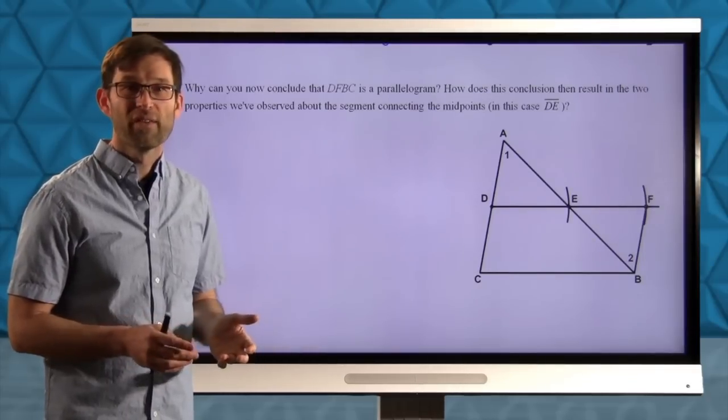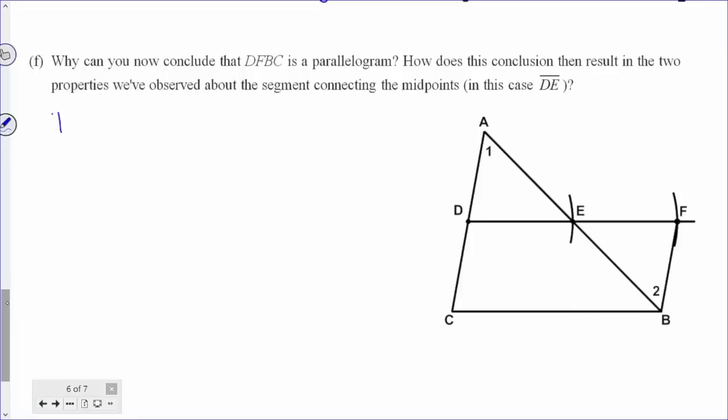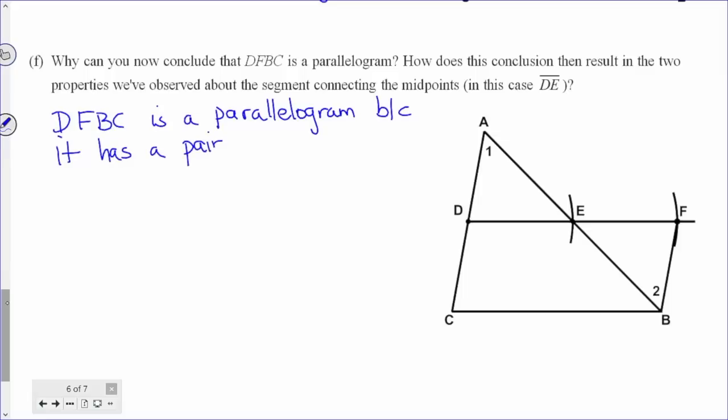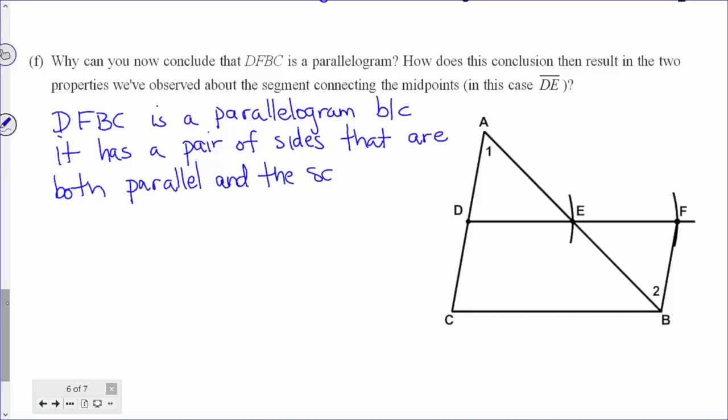Why can we say that? I kind of just gave it away in the last problem. All right, we can say that DFBC is a parallelogram because it has a pair of sides that are both parallel and the same length.